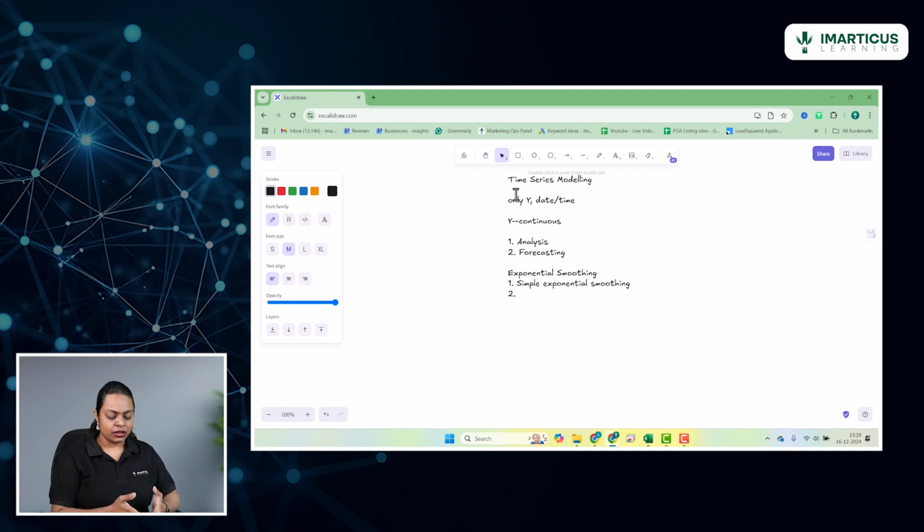For example, if we are talking about a company's revenue that has been given to us right from the time that the company started up, you will see that the initial sales or the revenue that the company was doing was comparatively lesser. But now if you see, the company has progressed, and you will see that it is earning quite a high revenue compared to the very initial time.